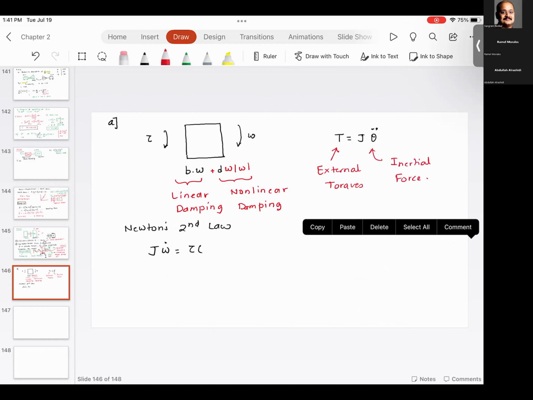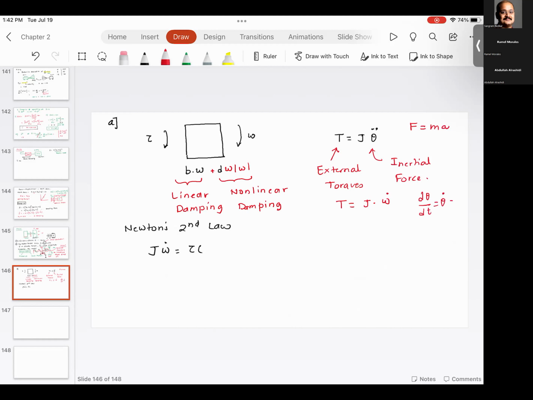So this is the F is equal to MA expression. But theta double dot, now I'm going to represent this as J times omega dot, because d theta by dt, which is equal to theta dot, is equal to omega.